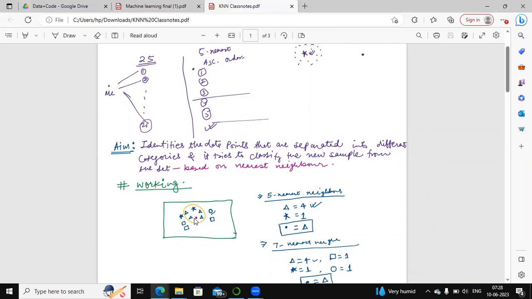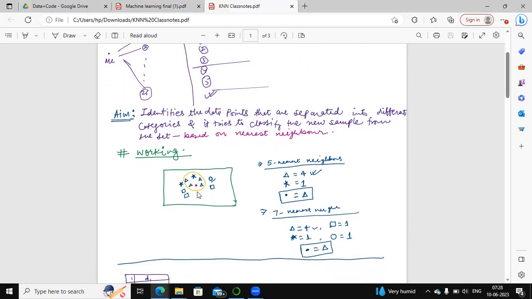The five nearest points to this unknown point are 1, 2, 3, 4, so we have four triangles. Triangles equal 4. And the fifth nearest point to the unknown point is a star, so star is 1. Your output class will be triangle or star, depending on the majority class.